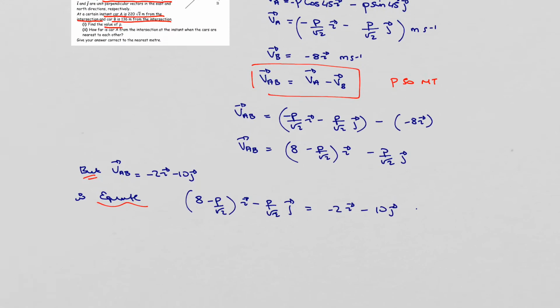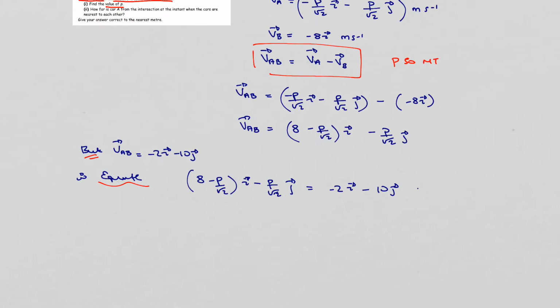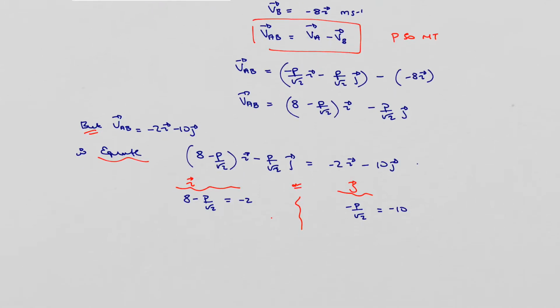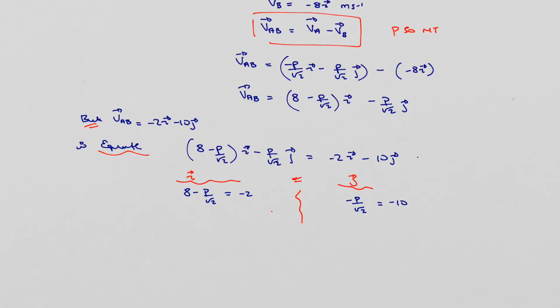So by equating like with like there, I can see that 8 minus p over root 2 must equal minus 2 if I equate the i's. Or I could equate the j's, and therefore the coefficients would also be equal. So it doesn't matter which I use here, because obviously we've only one unknown, so we're going to end up with the same value either way.